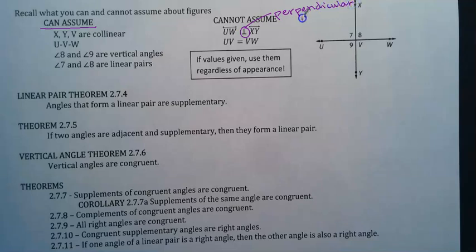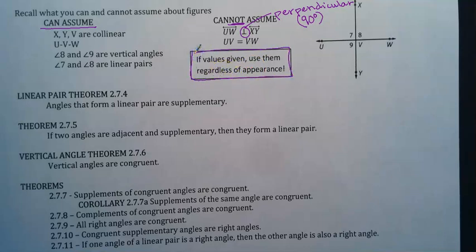You should know that perpendicular is a 90-degree angle. You cannot assume that. You can also not assume that UV is congruent to VW. You can never assume that the measures are equal. If values are given, use them regardless of the appearance.